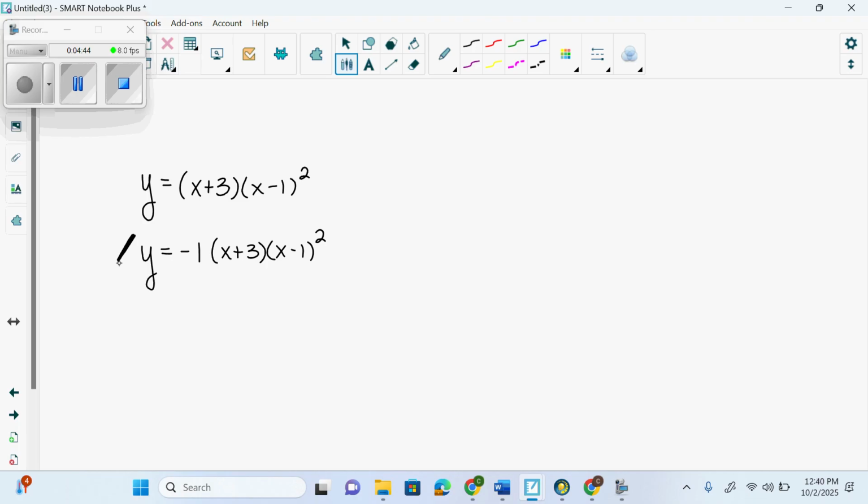Did your x-intercepts change? No. Did everything else change? Yes. Okay. Take that one out. It has a negative leading coefficient now because the negative x times x times x would be negative x cubed. That's why it's down on the right and up on the left instead of up on the right and down on the left like the other one. It's swapped, right? Okay, clear that one out.